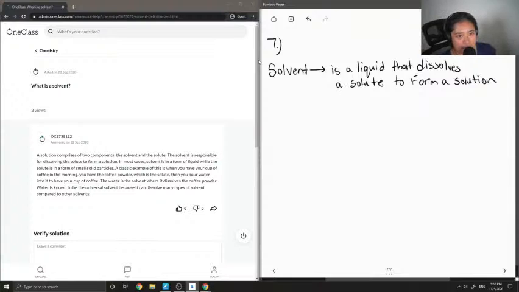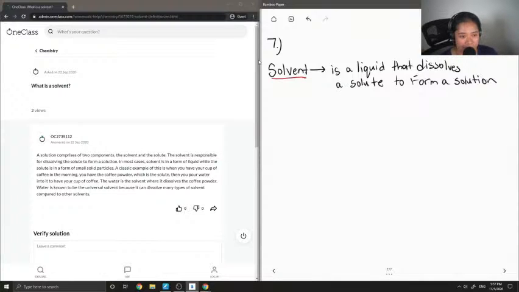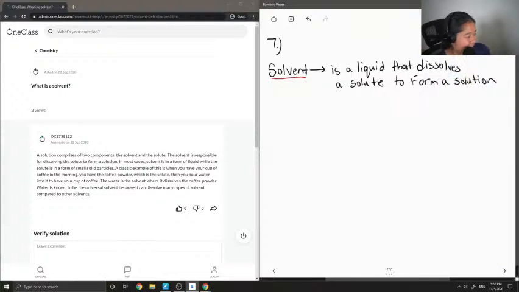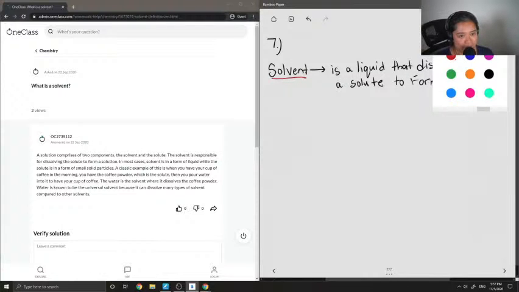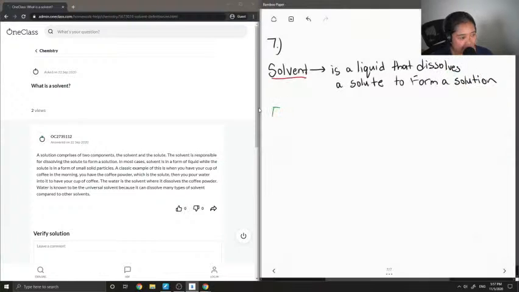So it's funny when you try to find these definitions in a textbook. If you were to look up solvent, they would say something like it's a liquid that dissolves a solute to form a solution. But then if you look at the definition of solute, it's the solid that dissolves in a solvent to form a solution. It's just weird. We'll add an example in case you're still having trouble understanding what a solvent is.